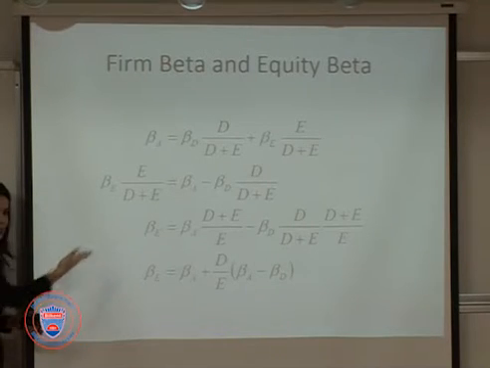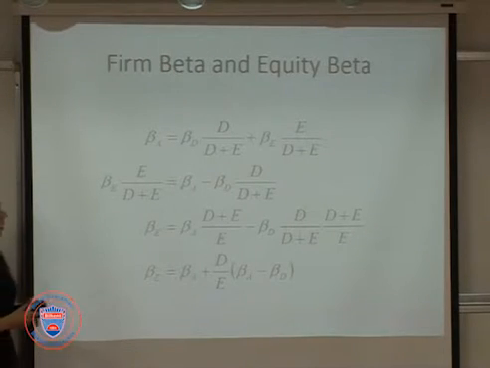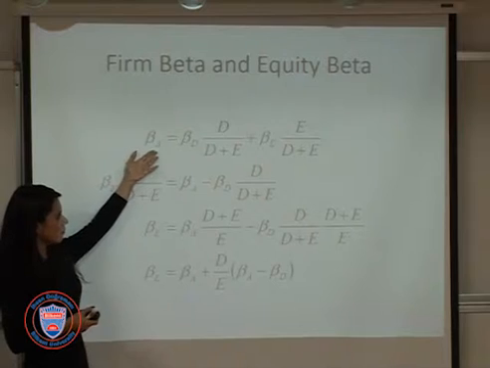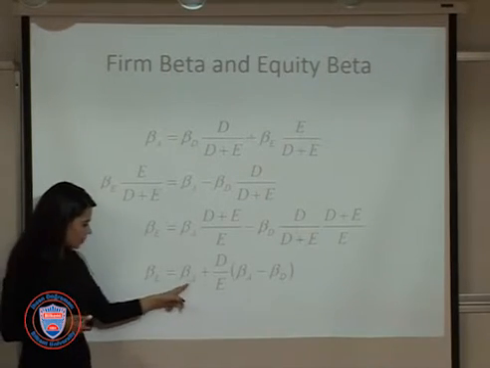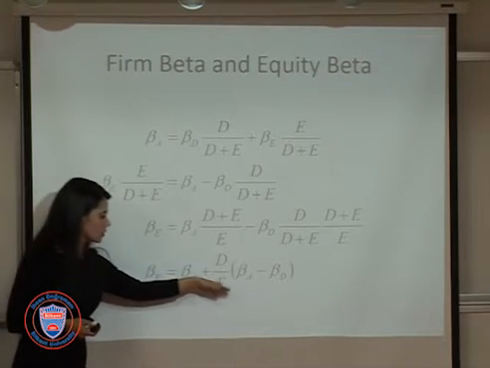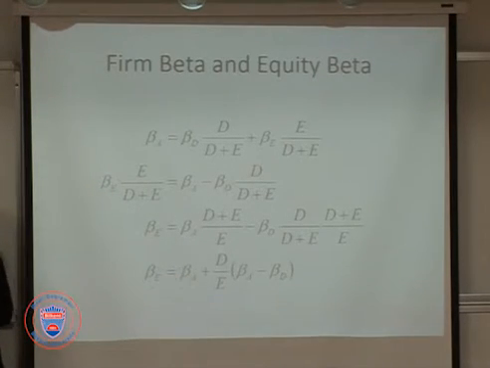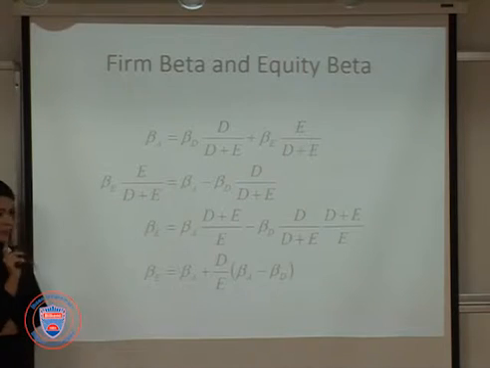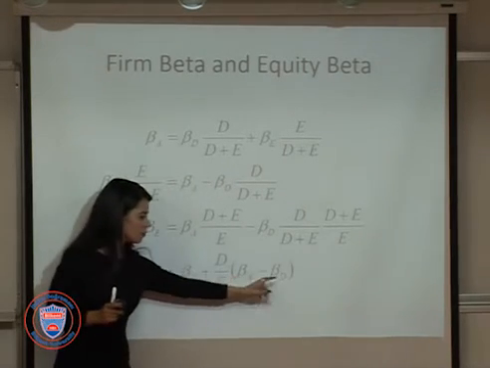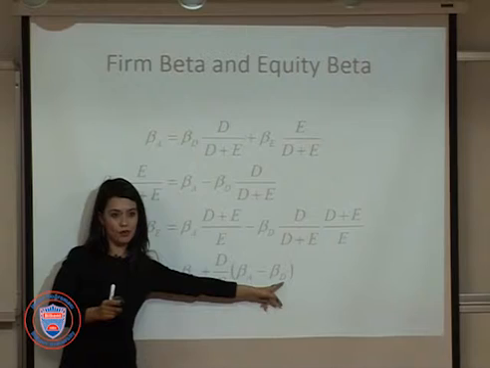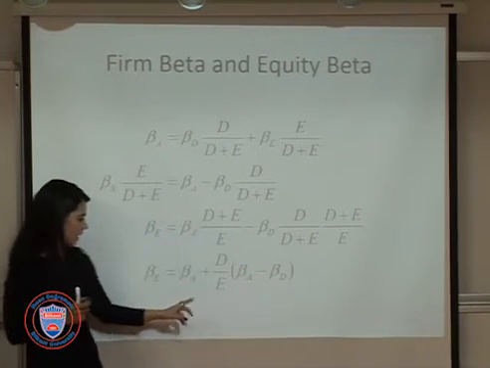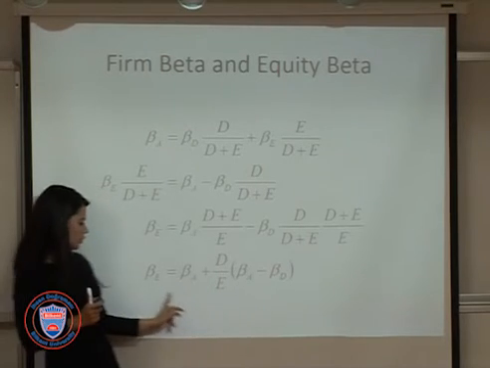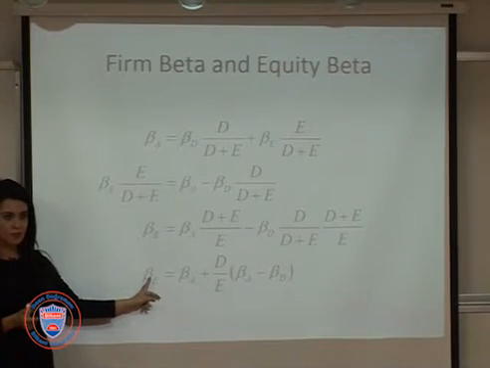I don't have to go through the middle steps because it's just algebra. From here, you can find equity beta, which is asset beta plus debt to equity ratio times the difference between asset beta and debt beta. As I said before, generally, debt beta is taken as 0. So this part will always be positive. And in that case, when you increase debt to equity ratio, equity beta will increase.